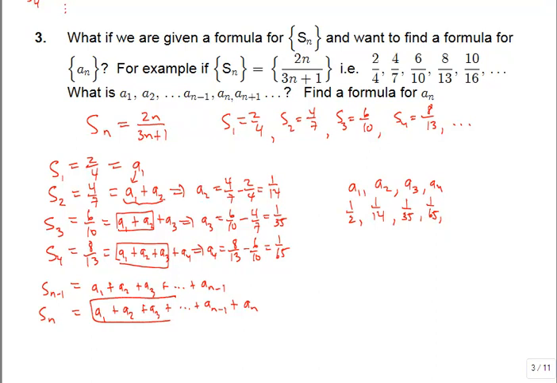And all of this is all of this. So if I replace this with s sub n minus 1, then what that tells me is that a sub n must be this s sub n, the nth partial sum, minus the n minus 1th partial sum. So this is our relationship to figure out any specific term.